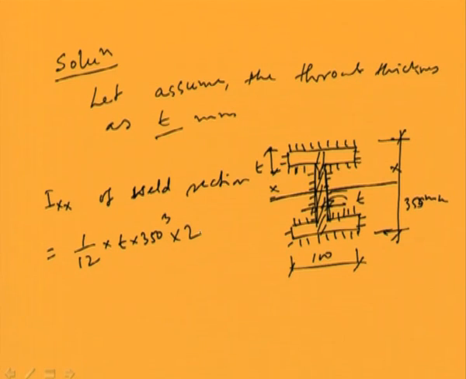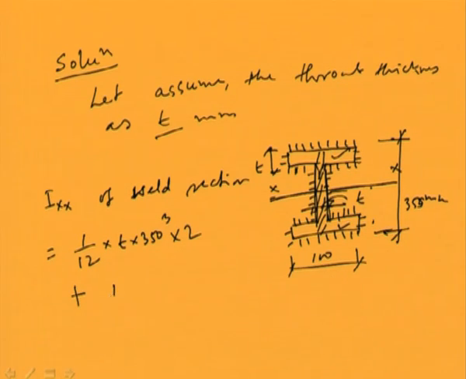So, 1 by 12 into t into 350 cube into 2 plus the moment of inertia due to this rectangular block, this flange. First it will be about its own area, then from this area to here, but about its own area will be how much?